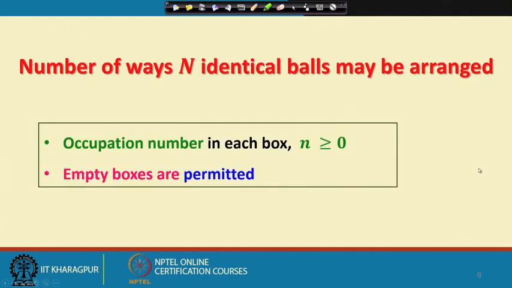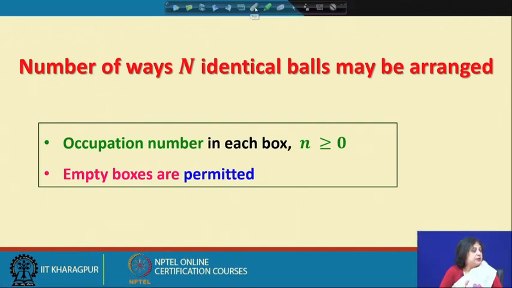Once again, let me highlight the fact that whenever we are dealing with fermions and bosons, I must remember that the occupation number in each of the compartments in the box must be greater than or equal to 0, and in this case, just because 0 appears, the rule of my game includes empty boxes.